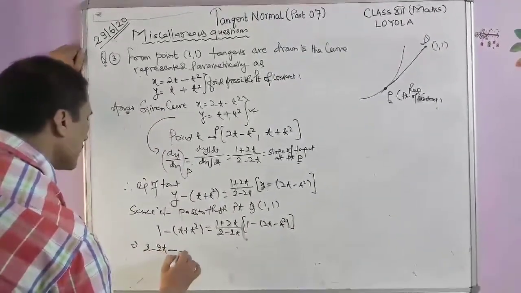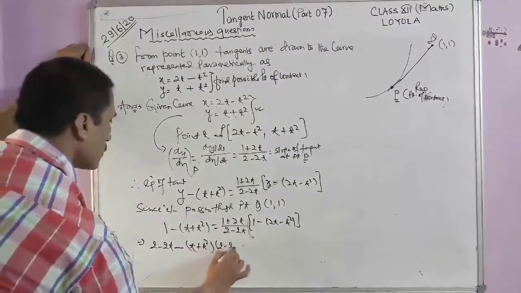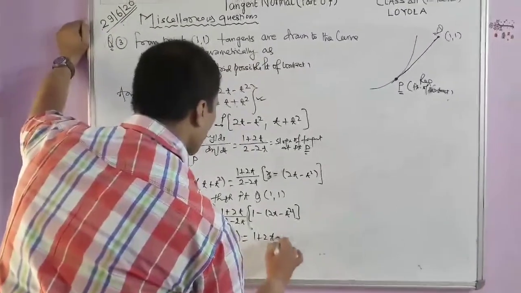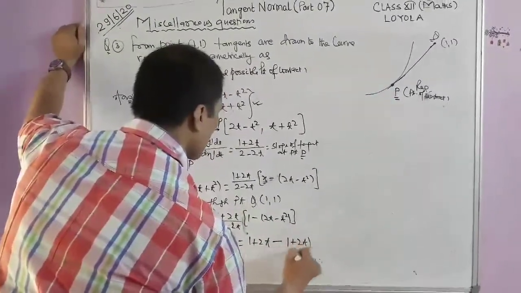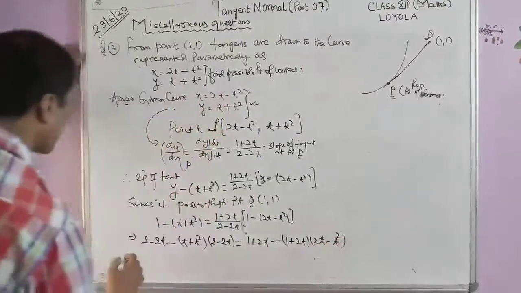Cross multiplying: (2 minus 2t minus t minus t square)... (1 minus t minus t square) into (2 minus 2t) equals (1 plus 2t) into (1 minus 2t plus t square).